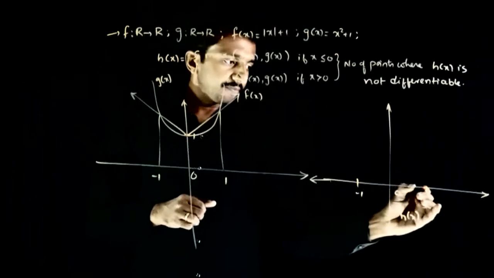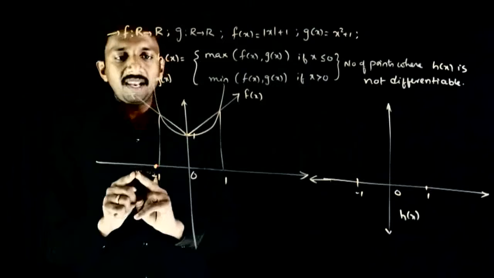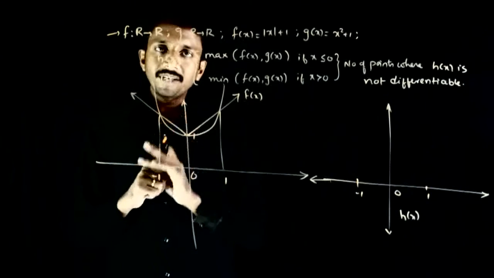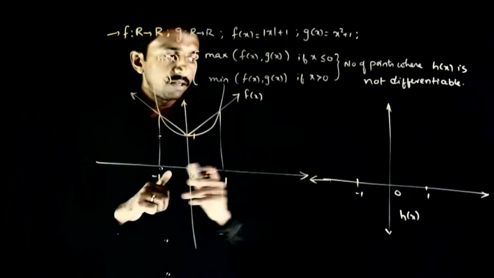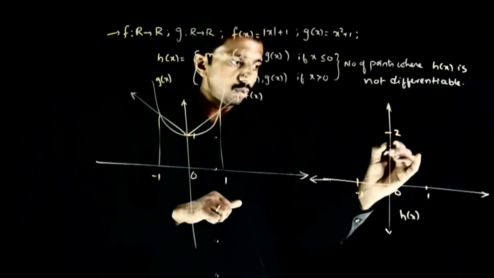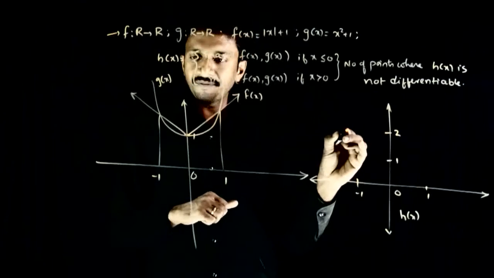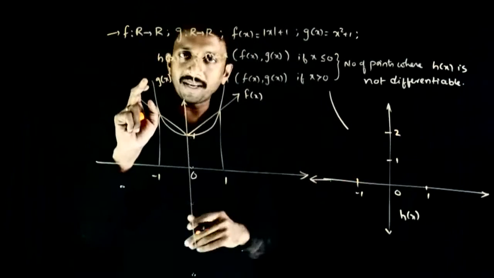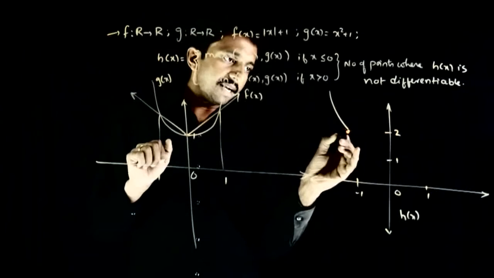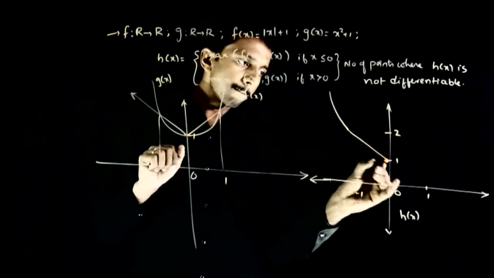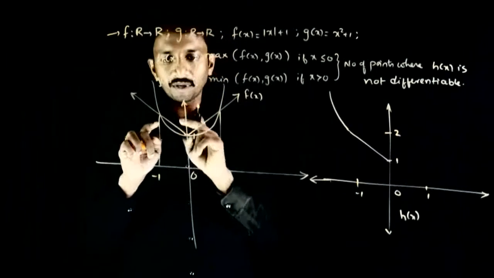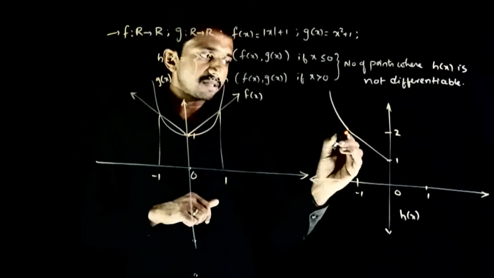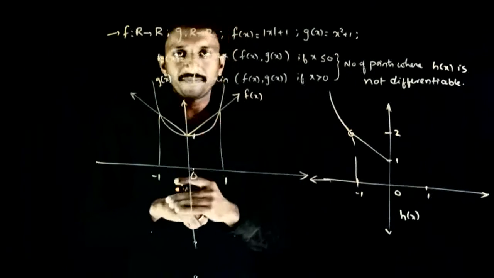So आप देख सकते हैं -1 का लेफ्ट साइड में g of x is more, -1 और 0 के बीच में mod x plus 1 is the maximum function. So आपको ग्राफ जो है, so if this is 2 and this is 1, so the graph will look like this. जो x square plus 1 का ग्राफ आएगा beyond -1. इसके बाद you get a straight line graph because this is the maximum between -1 and 0. So this is how the graph looks on the left side.